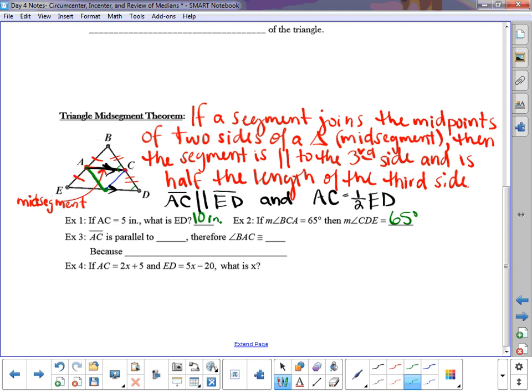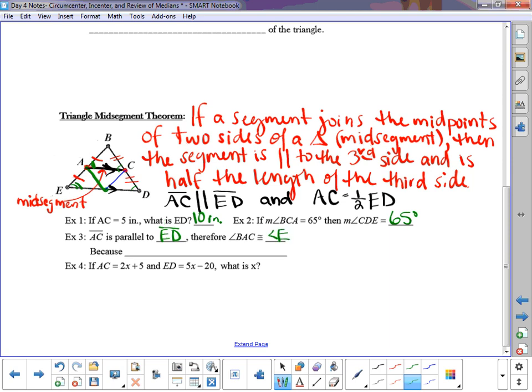All right. So example 3, AC is, well, we kind of already said this, parallel to ED. Make sure you use proper notation there. And therefore, angle BAC is congruent to angle what? AED. Yeah, you could say either BED, AED, or I'm just going to call it angle E because that's the only angle there, right?